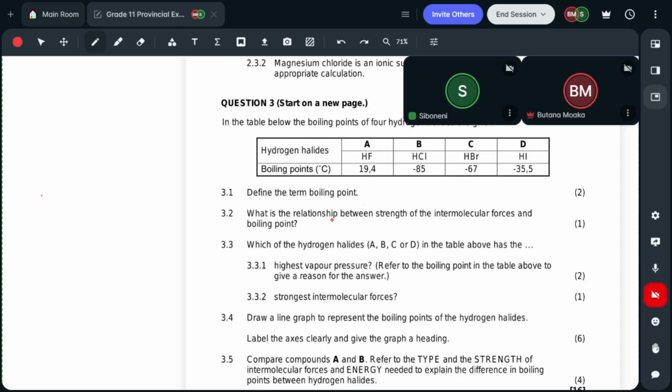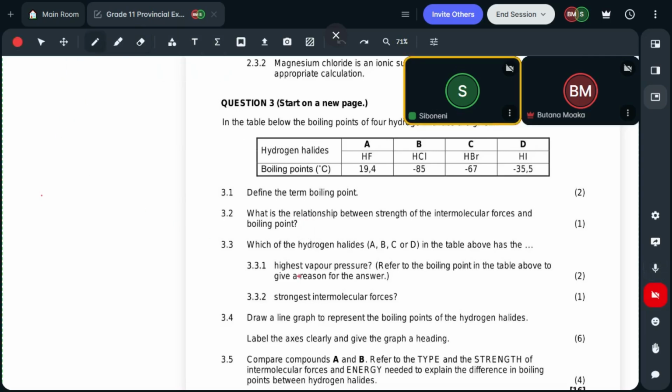That's the relationship. Are you with me? Yes. So why is it the case that if we have a stronger intermolecular force, the higher the boiling point?